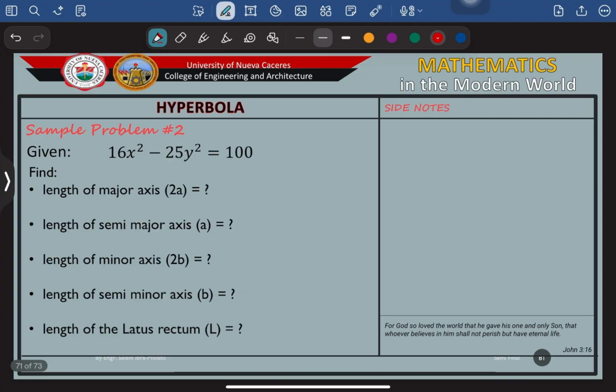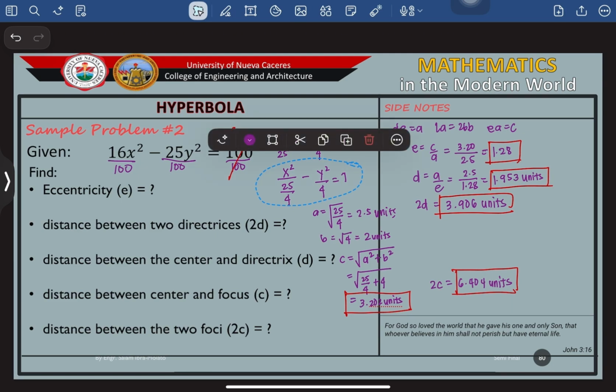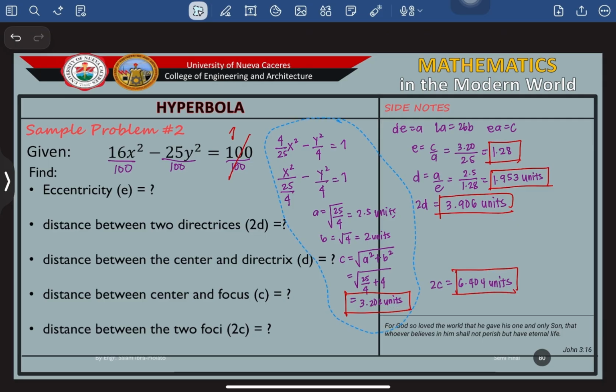Next, so same problem but different variables that we need to determine. Just copy the general form since it is just equal. Ito na lang lahat ang i-copy ko.